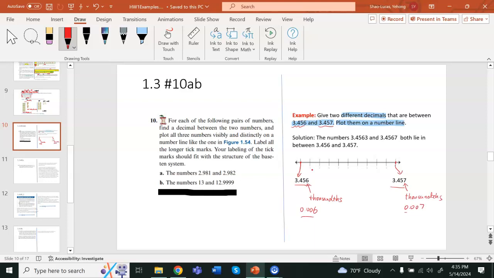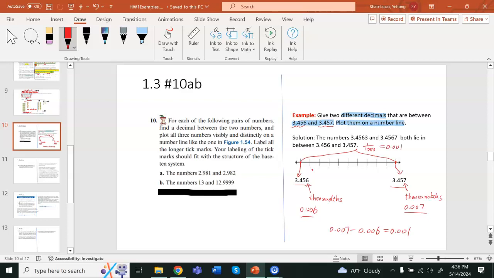And the difference between them, if you subtract them, 0.007 minus 0.006, is 0.001, which is 1 thousandth. So from here to here, that is 1 thousandth, or 0.001.